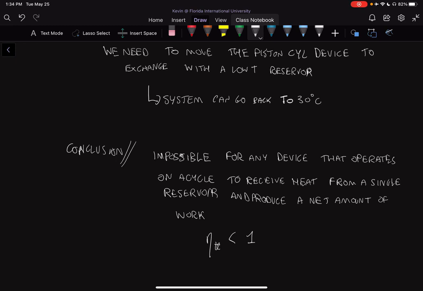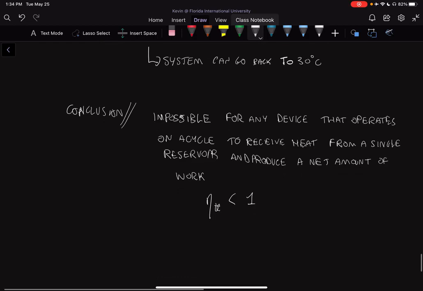And this is really the basis for our Planck statement, which is an expression of the second law. So this is called the Kelvin-Planck statement.